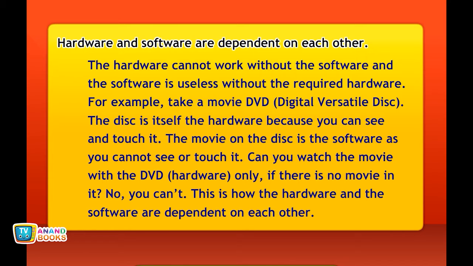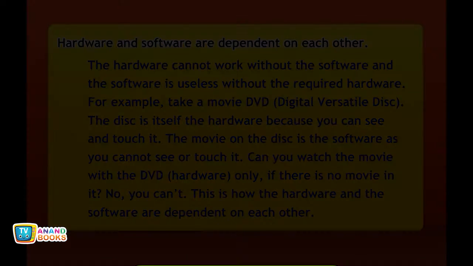The movie on the disc is software as you cannot see or touch it. Can you watch the movie with the DVD only if there is no movie in it? No, you can't. This is how the hardware and the software are dependent on each other.